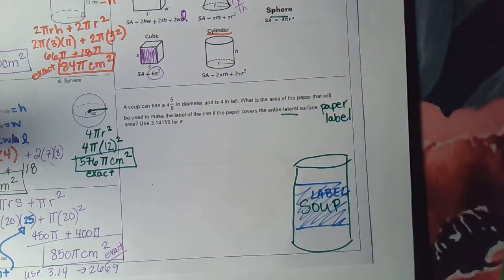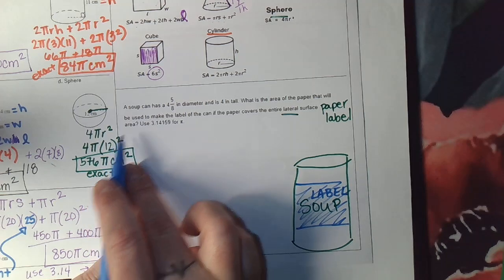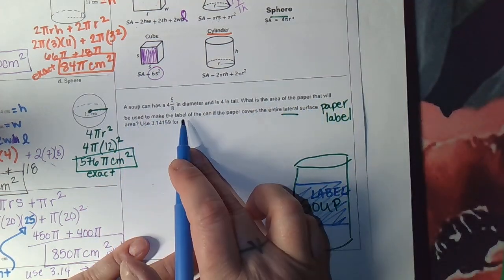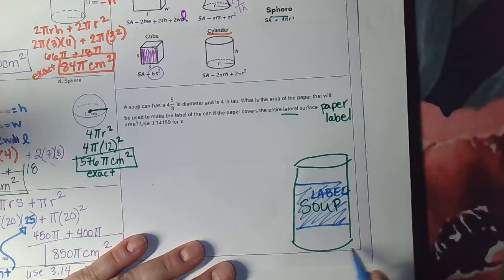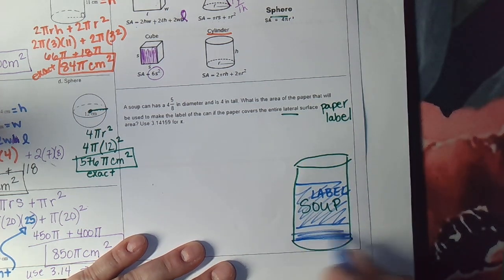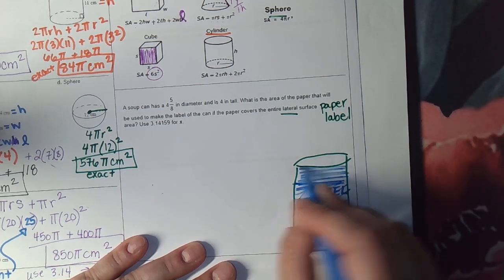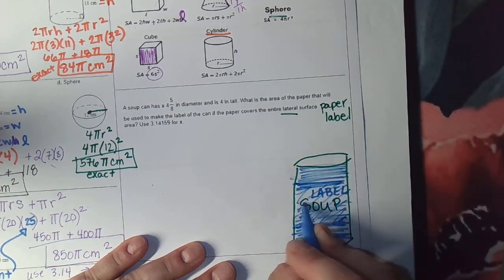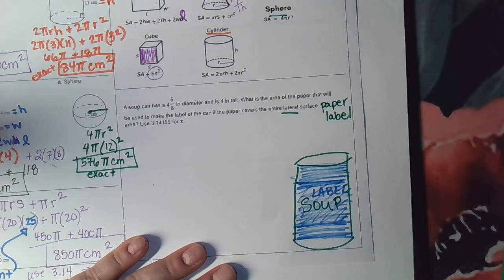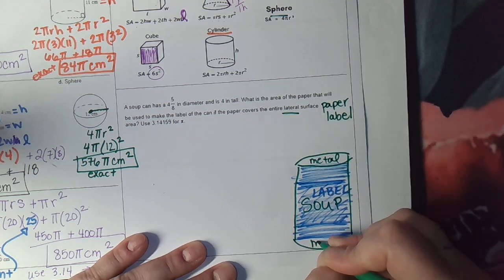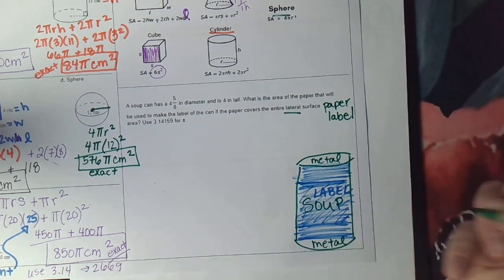But we only want a label that covers the entire lateral surface area. So that means the part that you can see is covered with this label. The part that you can't see is still just metal. It doesn't have a label on it.